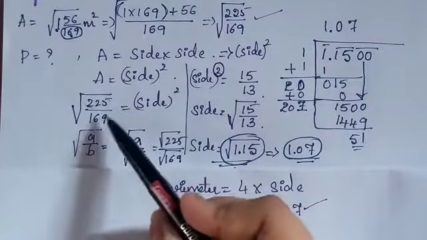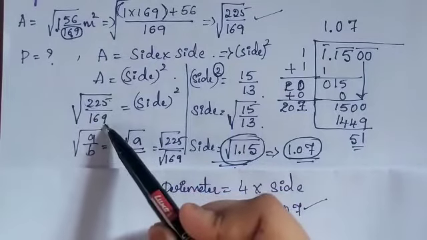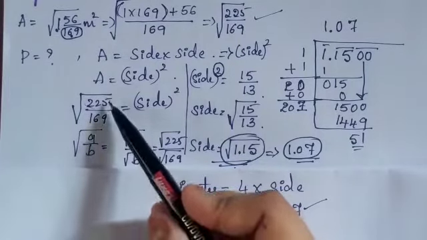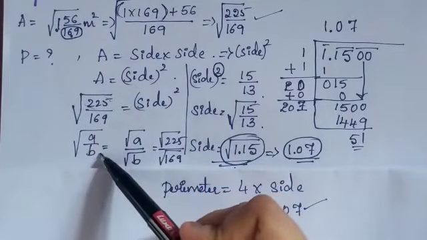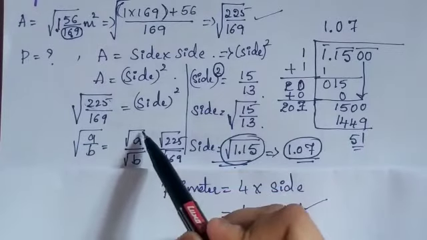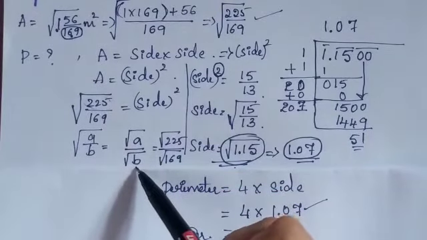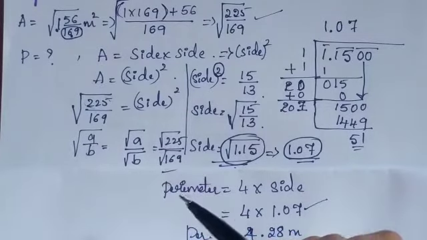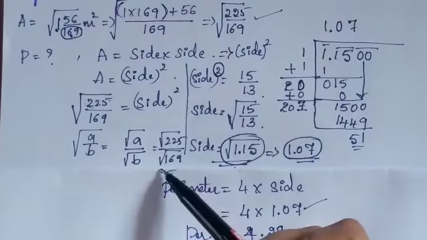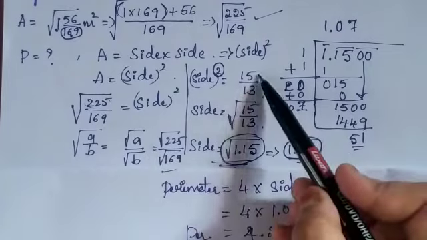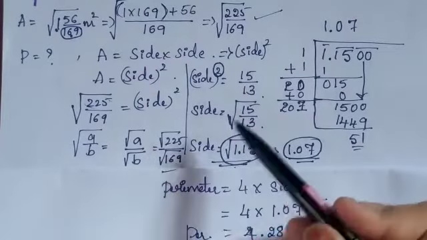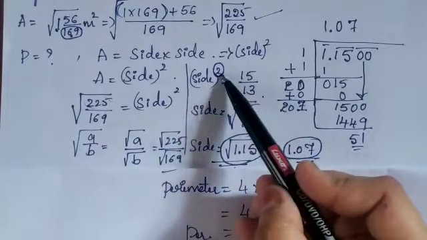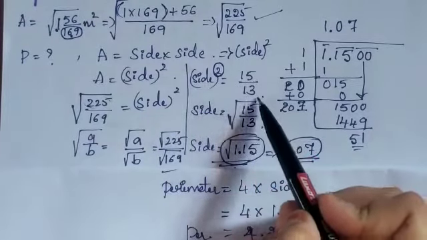The square root of a divided by b is square root of a divided by square root of b. Square root of 225 is 15, and square root of 169 is 13.